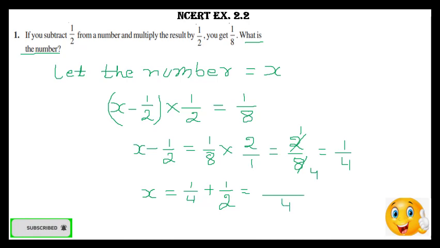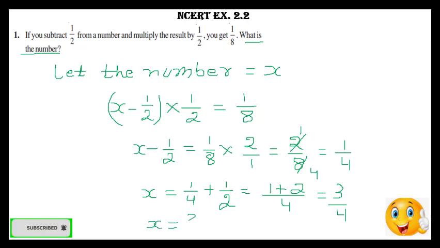So here we have 1 upon 4, so 1 can be written as it is, and 2 goes 2 times to become the denominator 4, so we will write here 1 2 times 2, and we have 3 upon 4 as the result for this question number 1. So the number that is required here is 3 by 4.